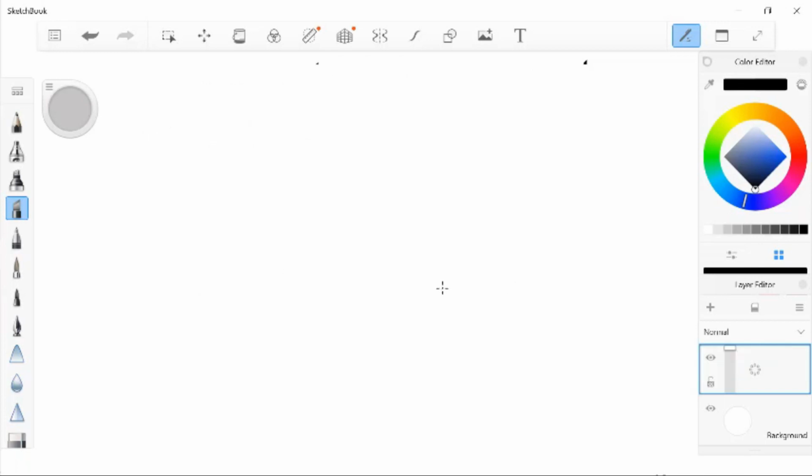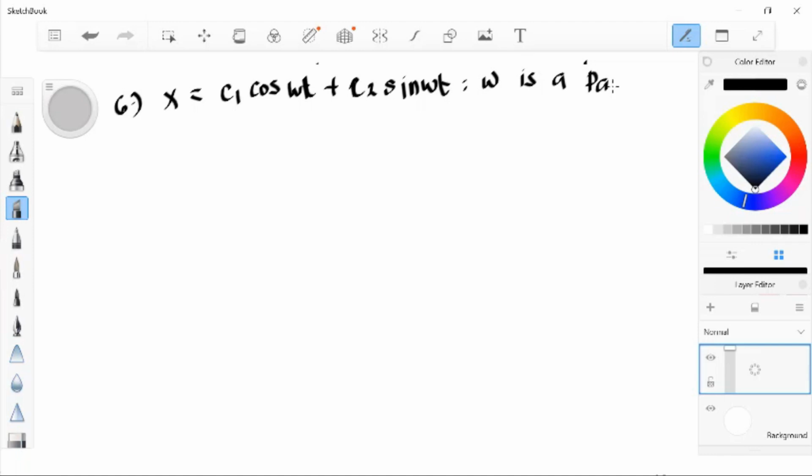So for our last example, this would be much more difficult compared to the previous examples. This is example number 6. This is x is equal to c1 cosine of wt plus c2 sine of wt, where w is a parameter.